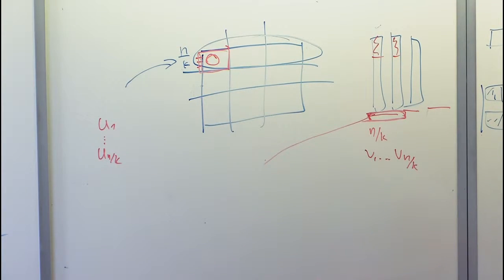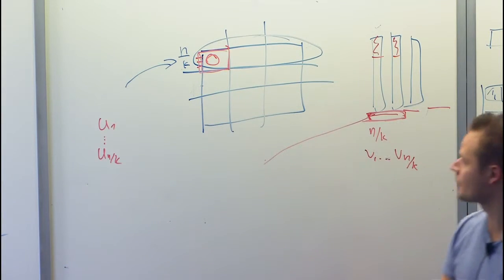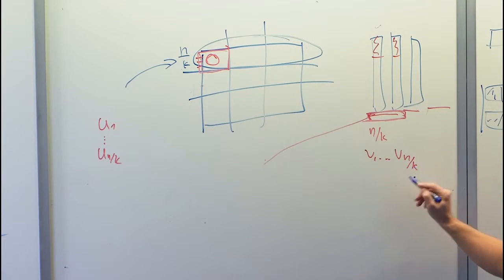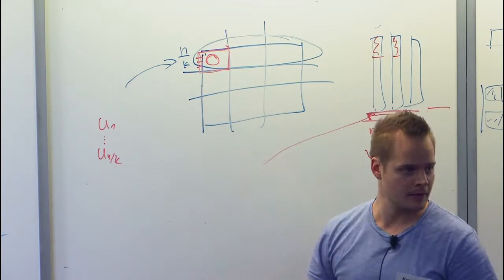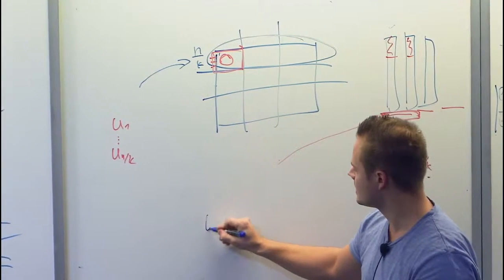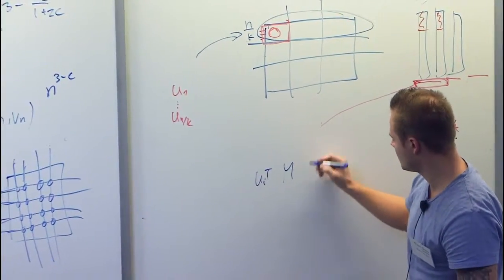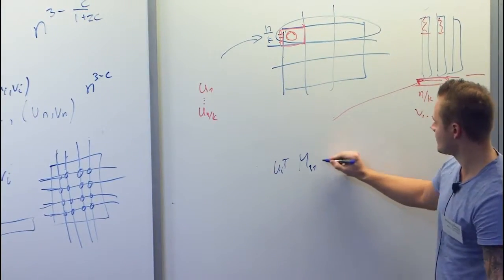And now, the observation is that if I run this batched vector matrix vector algorithm on these n over k pairs against this n over k by n over k matrix, I'll be told which of these pairs have, since the u_i transpose this tiny matrix, let's call it M11, with the v_i.